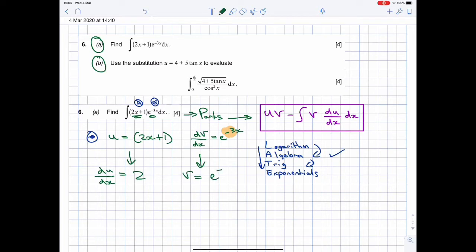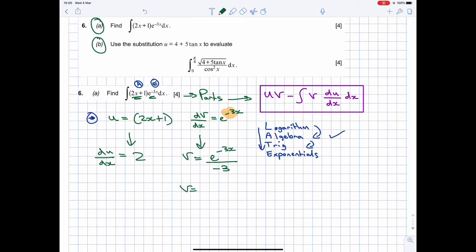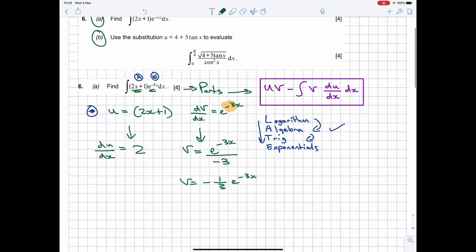So we'll have e to the minus 3x divided by minus 3. Another way to write that, without dividing, is minus 1/3 e to the minus 3x. Once you've got all these components, the u component, du by dx, dv by dx and v, we can use the by parts formula for the next parts of this question.